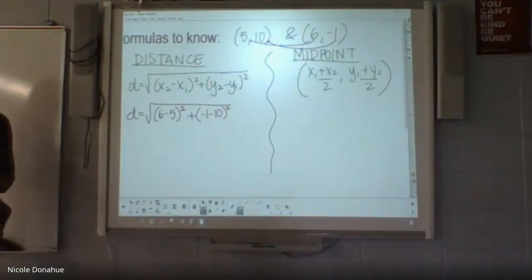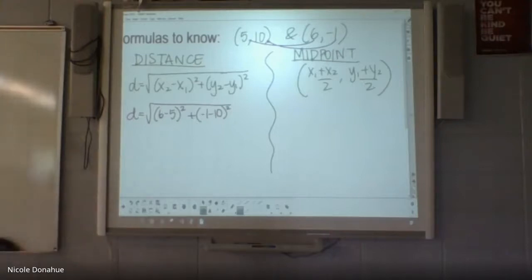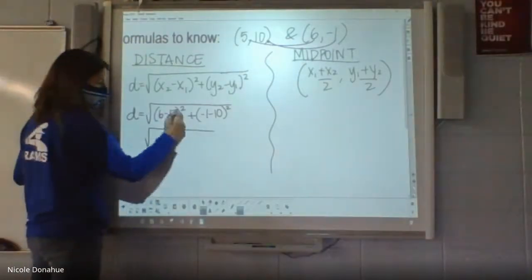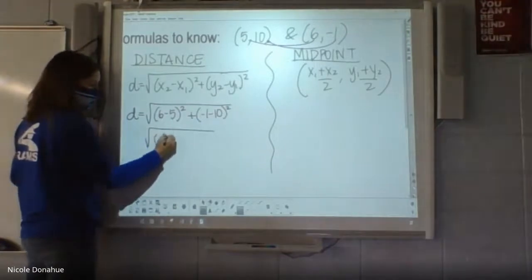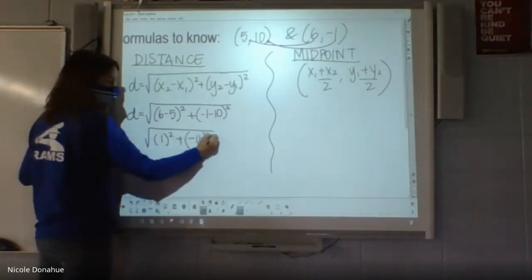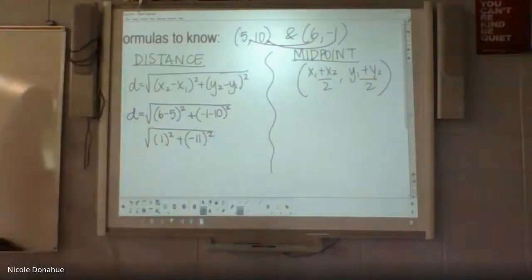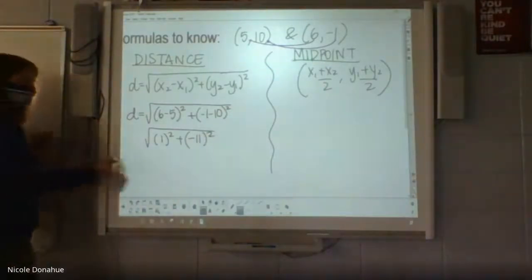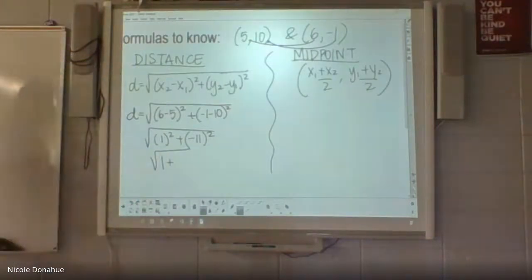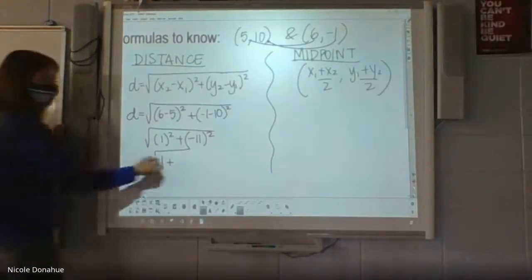Are you okay with why I have the numbers where I have them? You just have to be consistent about your order. So 6 minus 5 is 1. I'm going to square that. Negative 1 minus 10 is negative 11. I'm going to square that. 1 squared is just 1. Negative 11 squared is a positive 121.